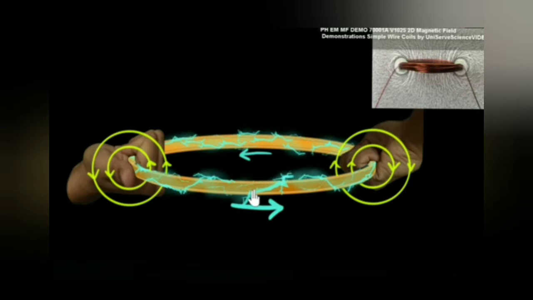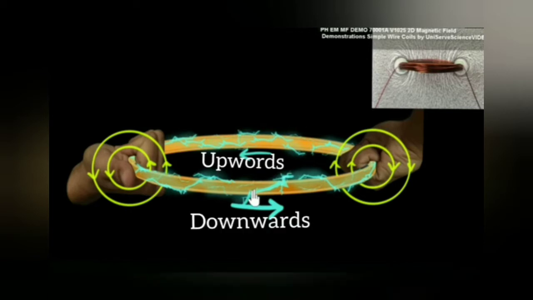Now observe the direction of magnetic field lines inside and outside the copper wire circular loop. See, we can observe that the magnetic field inside the loop is pointing upwards and outside the loop it's pointing downwards, and this will apply throughout all the spots of the circle.